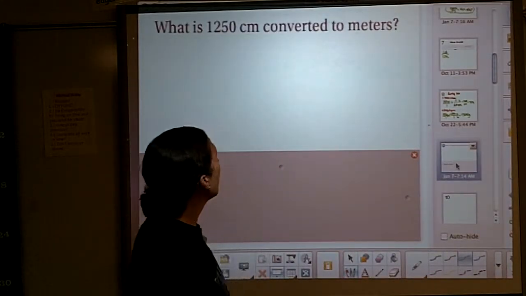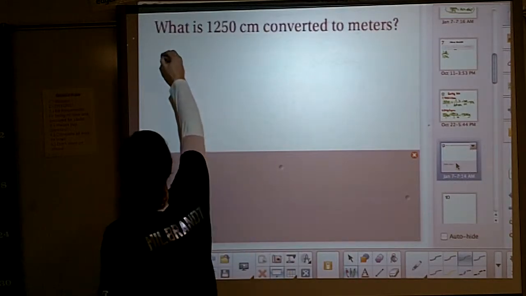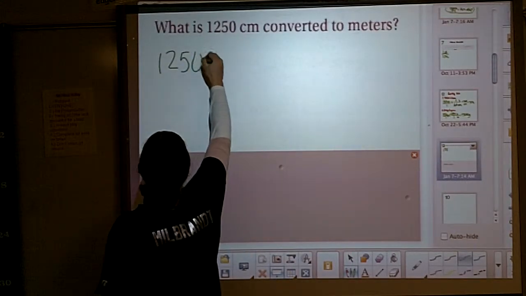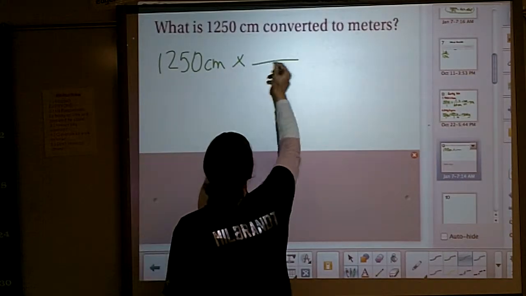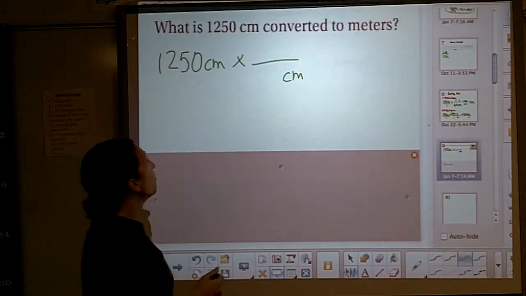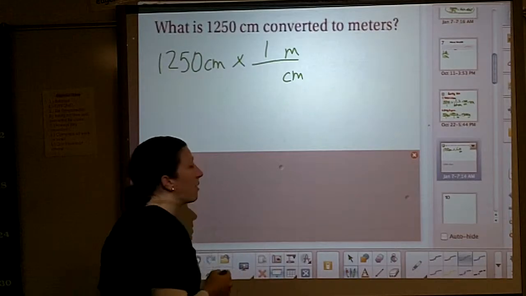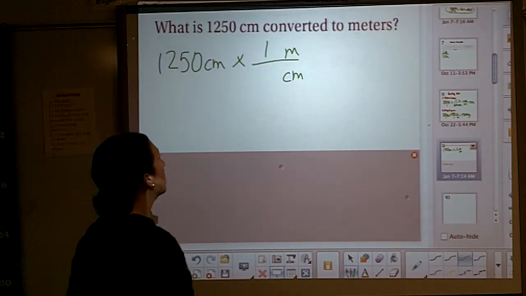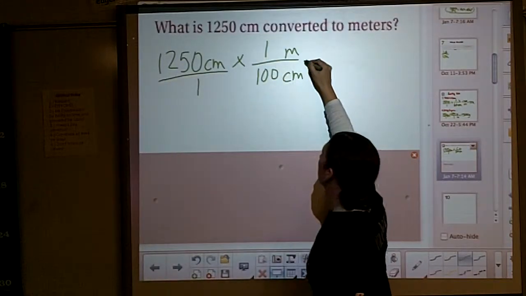The next one, what is 1,250 centimeters converted to meters? Always start with what you're given, 1250, making sure we include the unit. Centimeters is what I started with, so that goes on the bottom. Meters is what I'm going to, that goes on the top. Well, I know that centi means 100, so there are 100 centimeters in 1 meter.